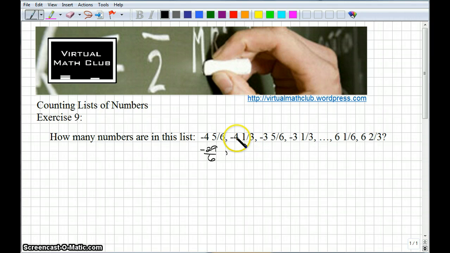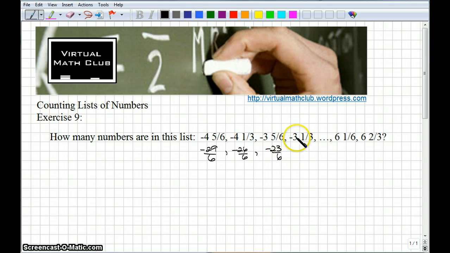So they have 24 sixths, and this is actually 2 sixths, so that'll be 26 sixths. So negative 26 sixths. And then again, now we have a 3, so that's negative 18 sixths plus 5 sixths is going to be 23 sixths.